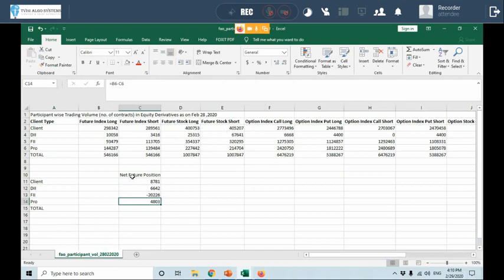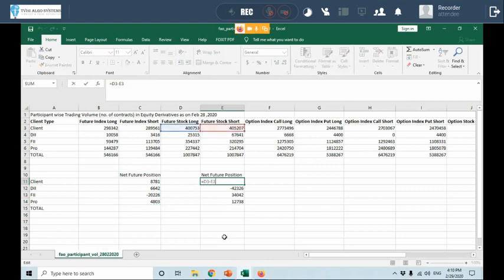Now let's look at the stock position. FII has bought in stocks. This is futures market. Which stock, we don't know, but in stocks they are buying, and in index they are selling.